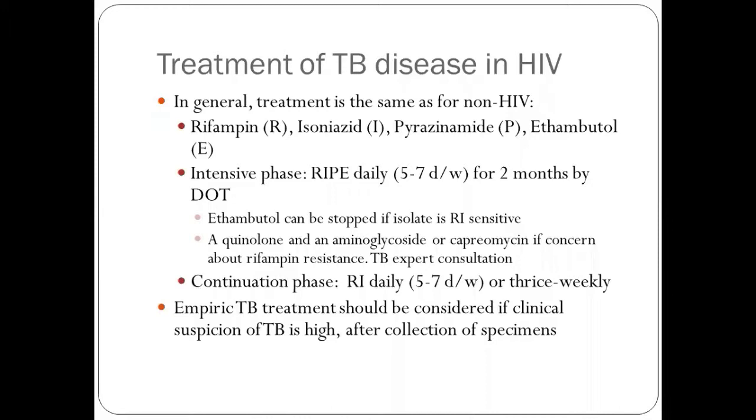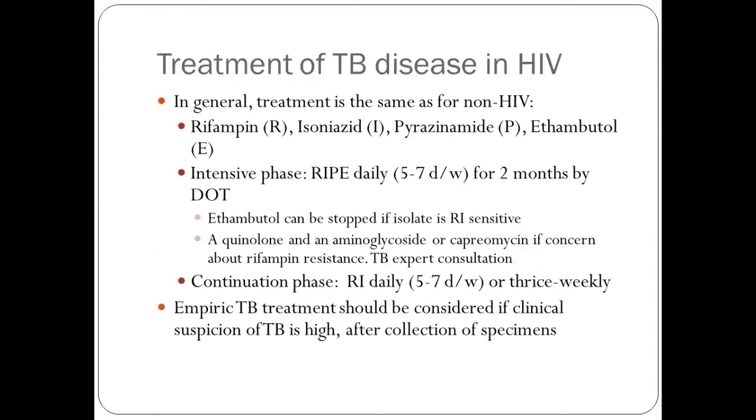And in terms of how many days, it's usually 5 days, Monday to Friday, that are really DOT. And most of the time we'll suggest to the patient to take the additional pills on Saturdays and Sundays.